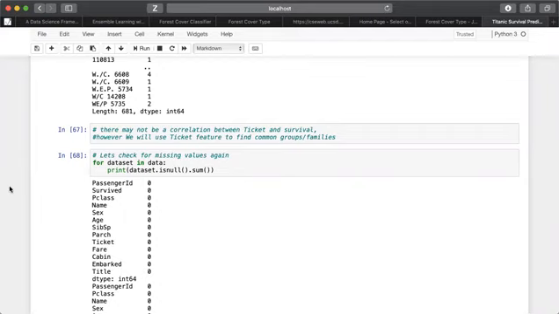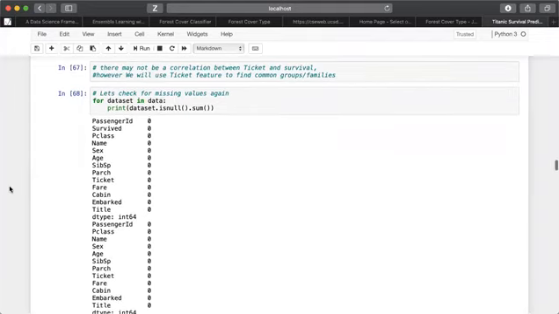For the people who were traveling with siblings, spouse, parents or children, their survivability increased with the number of siblings or parents up to 2. Same here, there might be some people who were not related by siblings or by parents or children, but if they have got a common ticket, it means they were friends or they were traveling in a group. So we will try to utilize this ticket column to find out those groups, because we know that plays a major role in finding the outcome of the survived column.